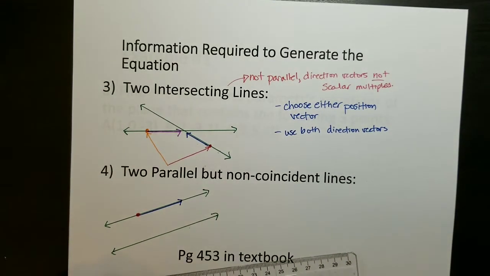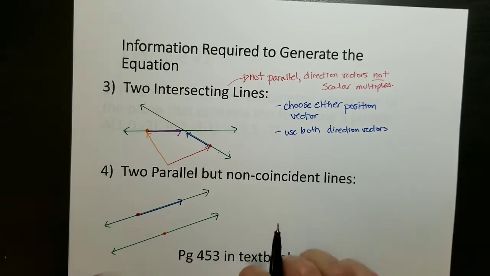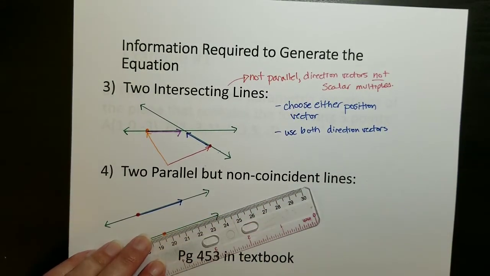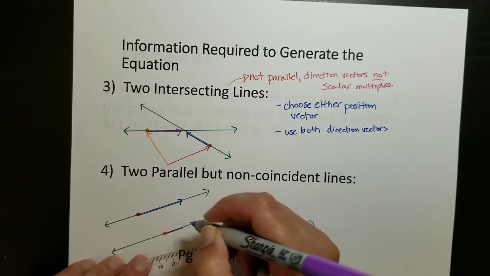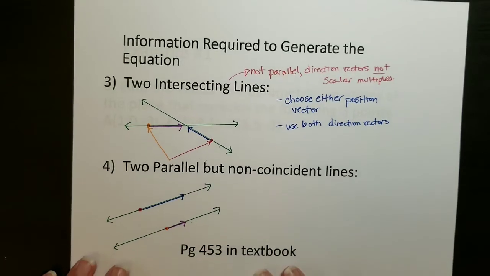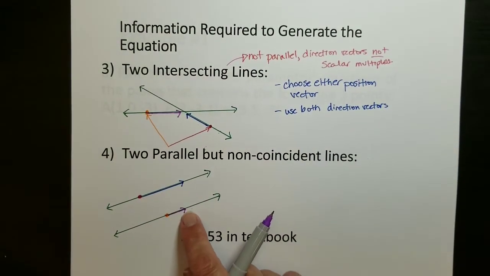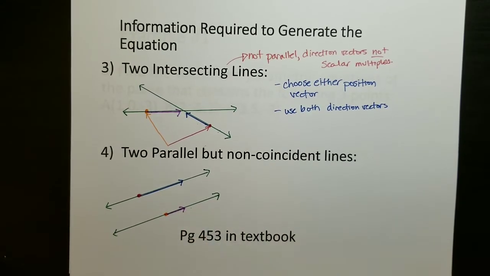So remember that these direction vectors are going to be scalar multiples because the lines are parallel, but I want to make sure that I draw them very much not the same vector. So I'm just going to draw that one super little. Here, I can't use both of these direction vectors because they're parallel. They don't form the basis for a plane.